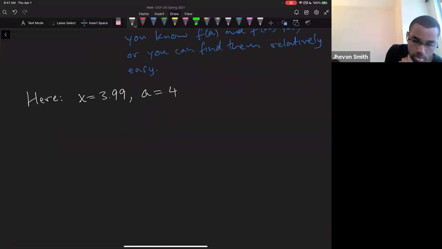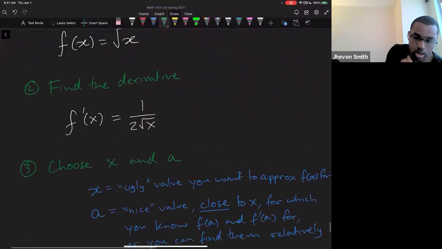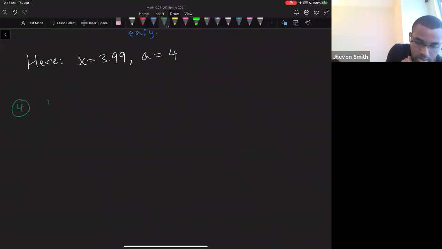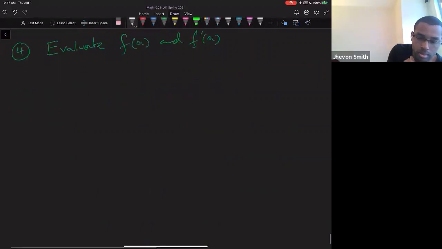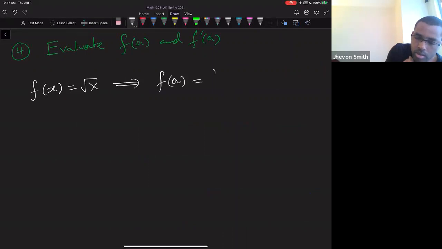And so moving on to the next step, you're going to evaluate f of a and f prime of a. So here we know our f of x is radical x. This means our f of a is going to be f of 4, which is rad 4, which is 2.